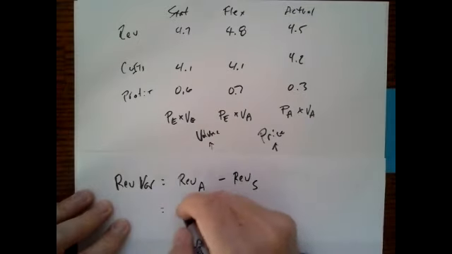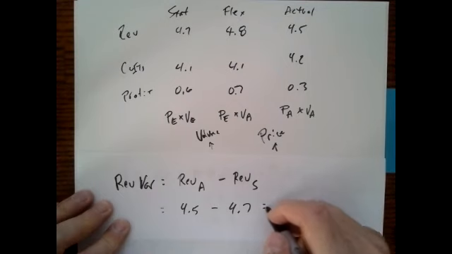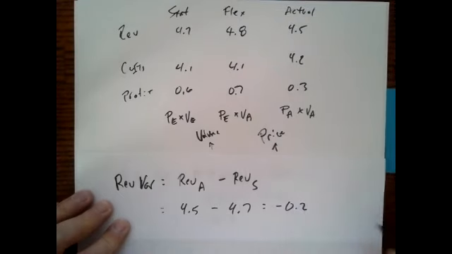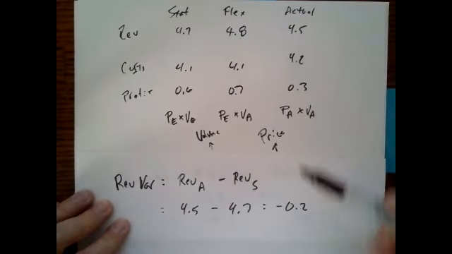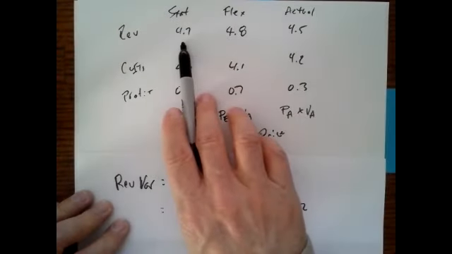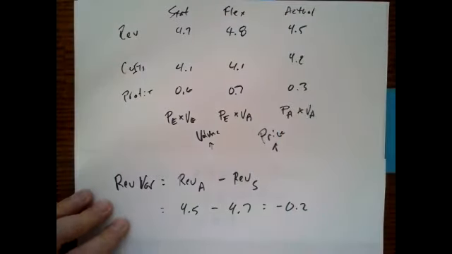And so we have 4.5 million minus 4.7 million, which gives us negative 0.2 million. So that means that our revenues fell $200,000 short of our target. We thought we would earn 4.7 million. We actually earned 4.5 million.